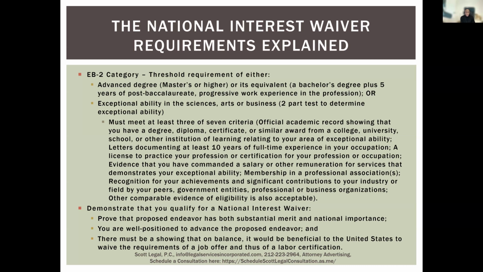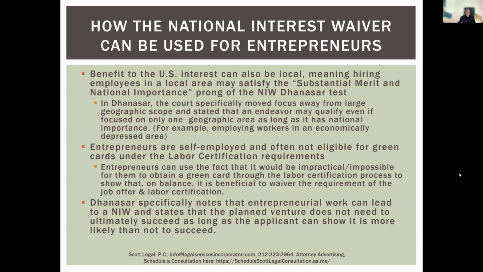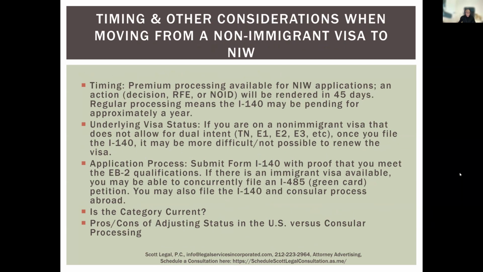So here we use a lot of the same arguments that we have for 1 and 2, but we also throw in anything else the applicant has: have they published articles, do newspapers write about them, what accomplishments have they had in their lifetime, and sometimes even where did they go to school, different things like that. We indicate with respect to why the government should waive the labor certification. But I think the two most important ones are prong 1 and prong 2.